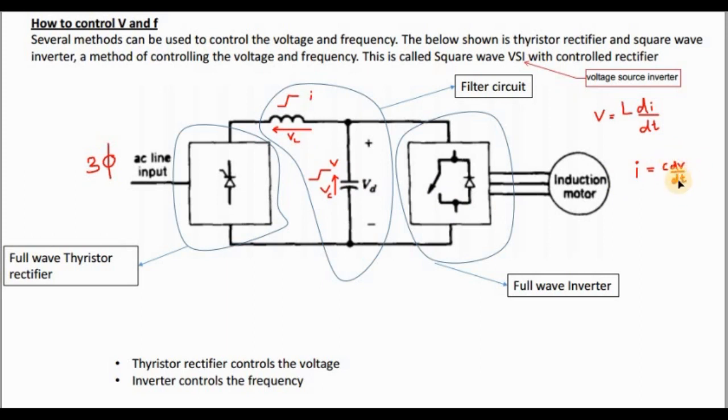This gradient will be minus infinity, so the current through the capacitor should be infinity. So it doesn't happen. It blocks sudden decrease or increase of voltage. So you filter those ripple currents, like these ripples, and filter the input values, filter the output values.